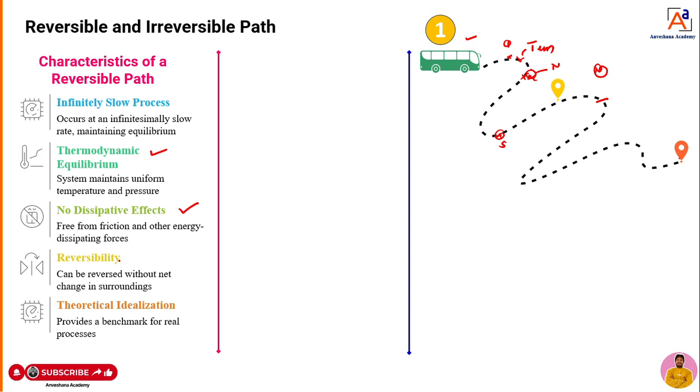But dear students, this path we can only imagine; it is not practically possible. Reversible path is an ideal path.